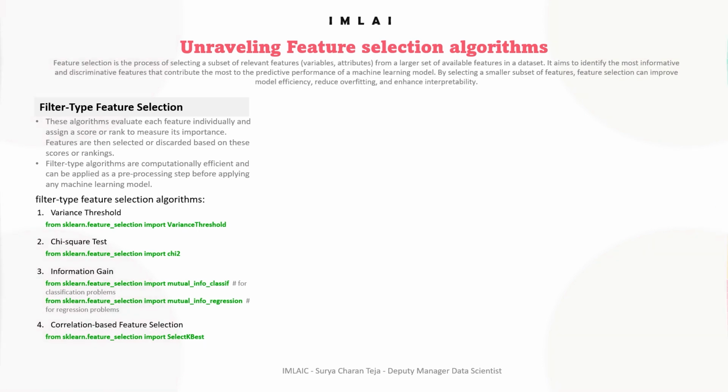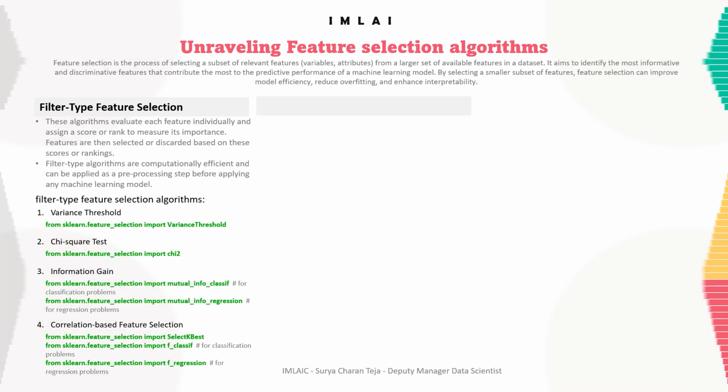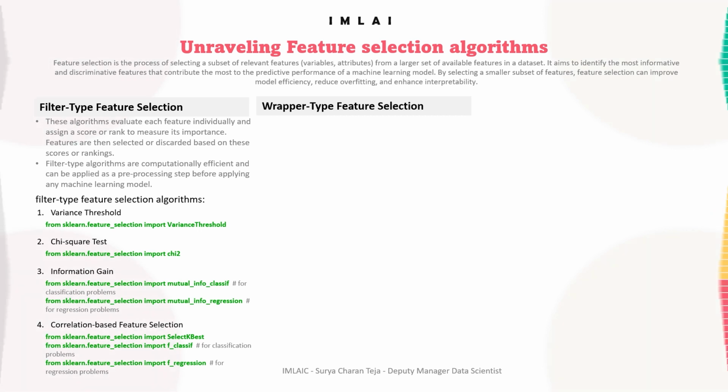Okay, so the second type that we have here is wrapper type feature selection. Wrapper type feature selection algorithms assess the relevance of features by training and evaluating a specific machine learning algorithm.